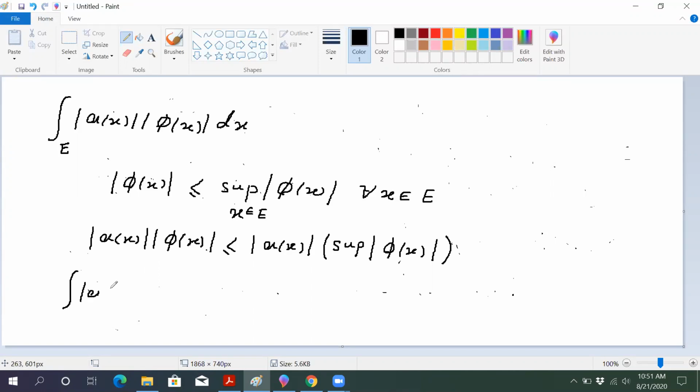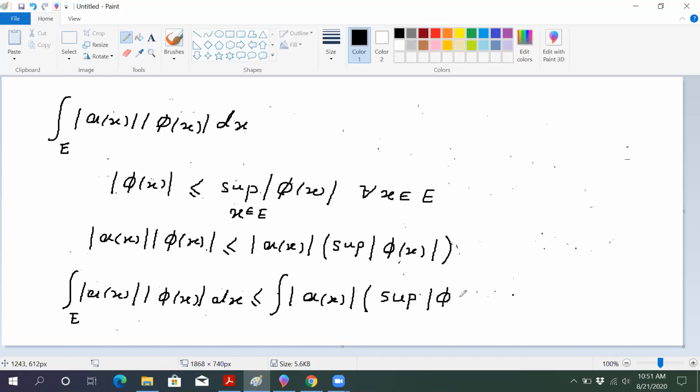So the integral of the absolute value of a(x) times the absolute value of phi(x) dx on E is less than or equal to the integral of the absolute value of a(x) times the sup of the absolute value of phi(x) on E dx.